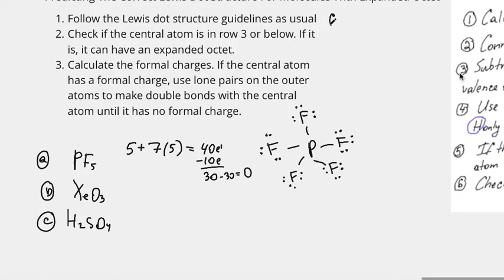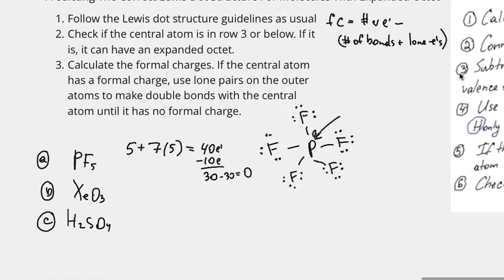To calculate formal charge, I'm just going to abbreviate it Fc. It's basically number of valence electrons minus number of bonds plus lone electrons. I abbreviated a lot so it fits in. So let's do it for phosphorus.